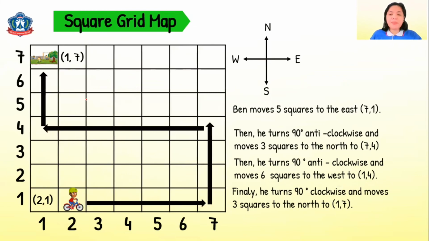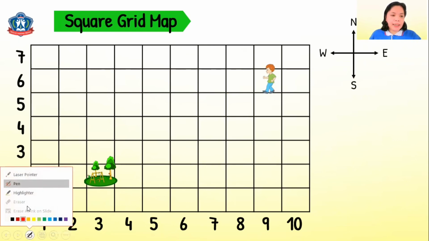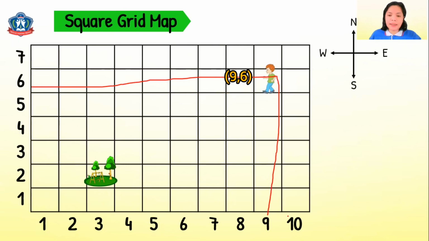Okay, children? I have here another one. Can you tell me the position of the boy walking? This boy wants to go to the park also. This is Justin. So Justin wants to go to the park. What is the position of Justin at first? So Justin's location is, yes, 9-6.